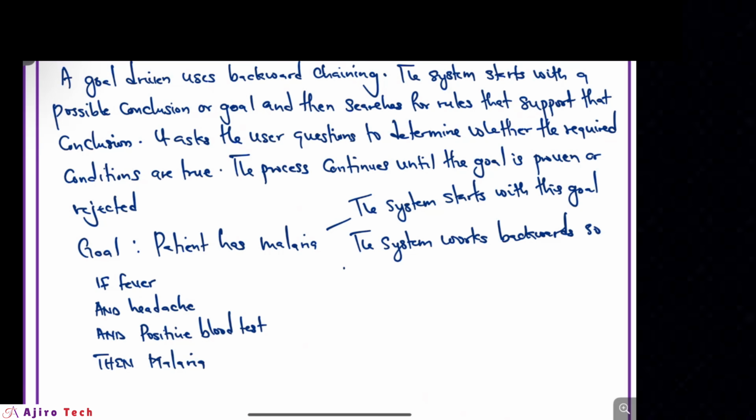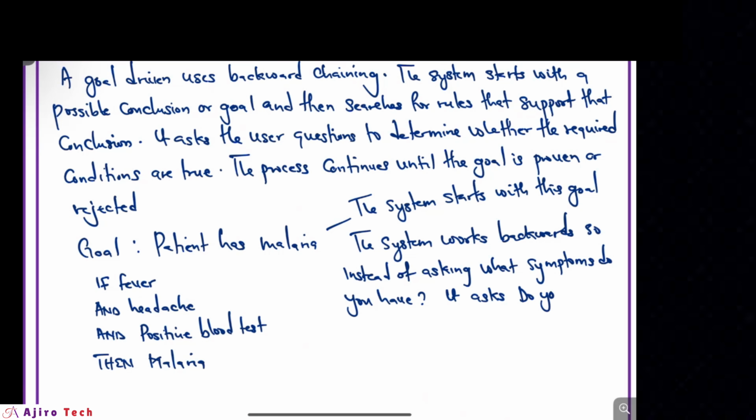So instead of asking what symptoms do you have, which is the forward chaining, it asks, do you have a fever?